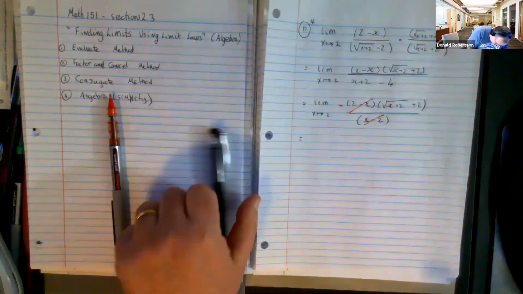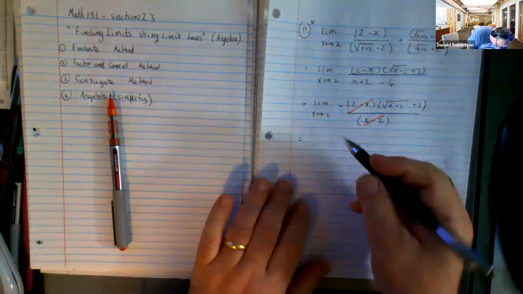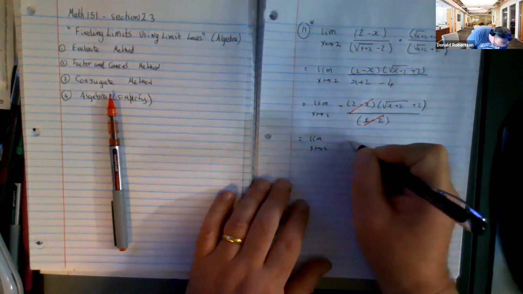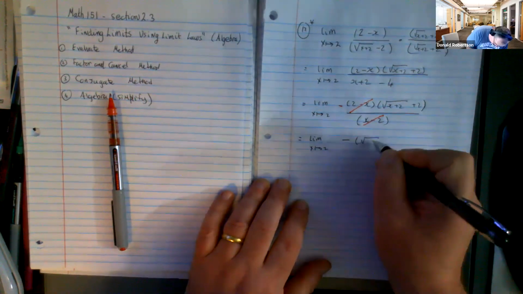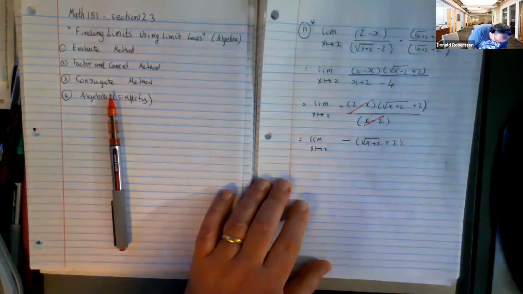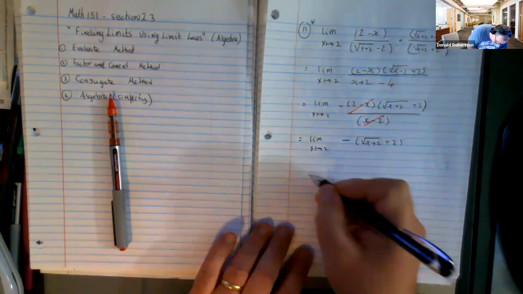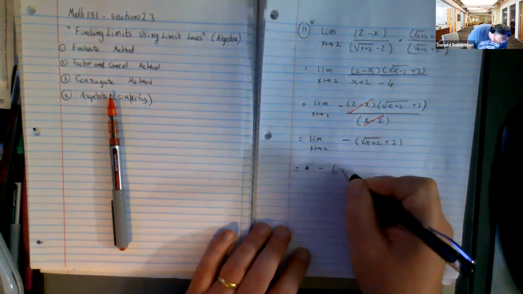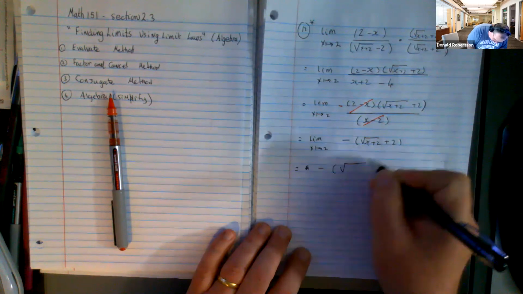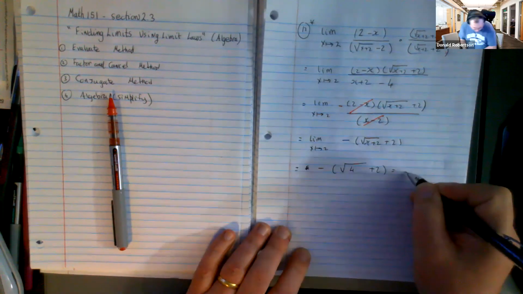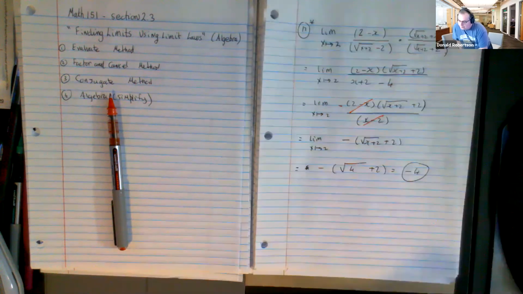So what we now have is the limit as x tends to 2 of negative this guy, technically over 1, but I won't write that. And that's going to give me what? Negative the square root of 2 add 2, which is the square root of 4, and the answer I'm going to get is -4.